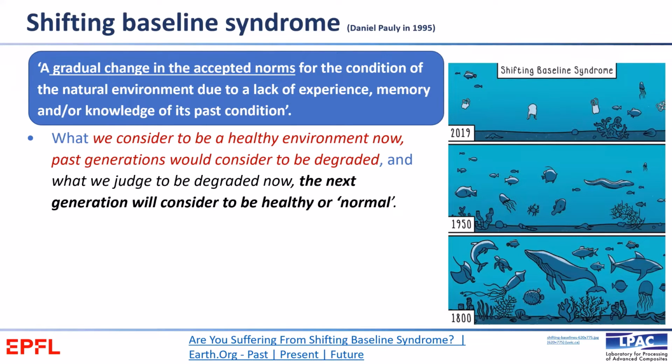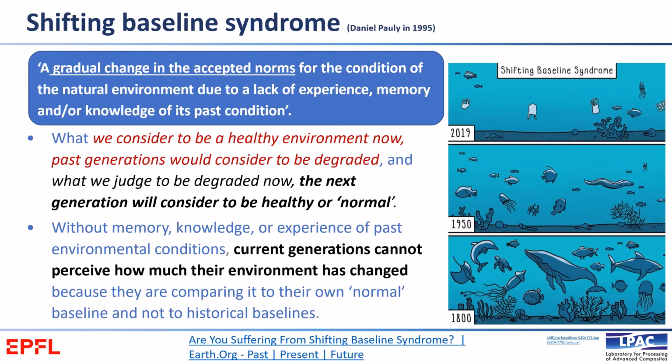Now it's down here. For me, that's not normal, but for you, it is. So you really need to look at things with past eyes as well as today's eyes. We need to have this memory, knowledge, and experience of past environmental conditions to understand the damage that we're doing now and how much our environment has changed.